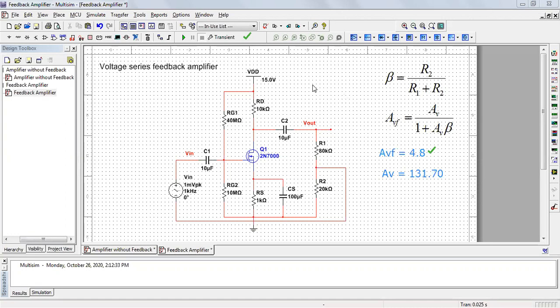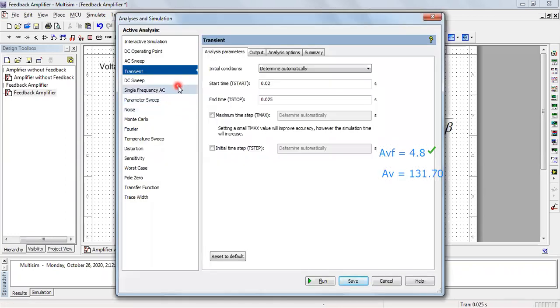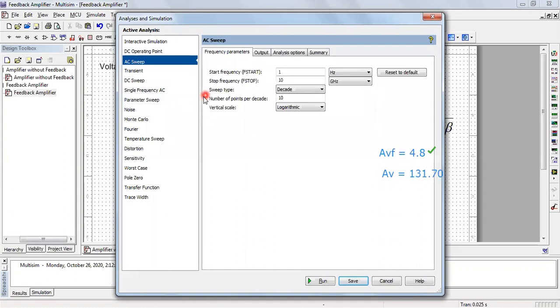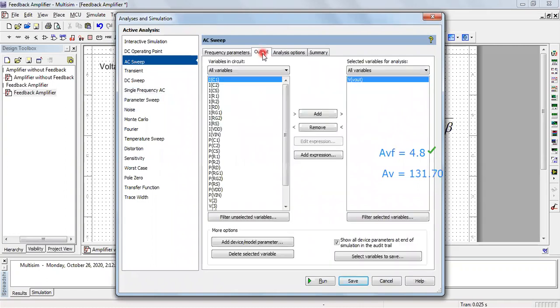Let me erase these drawings. Okay, so let me select the AC sweep, output V out.